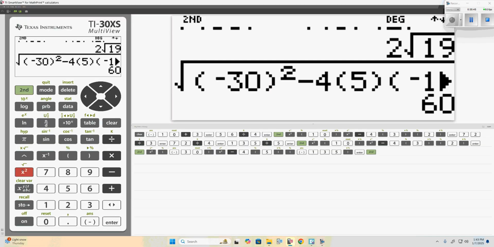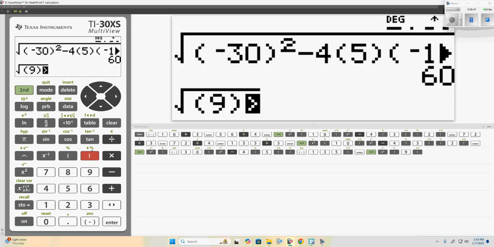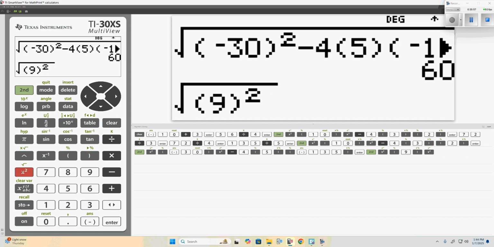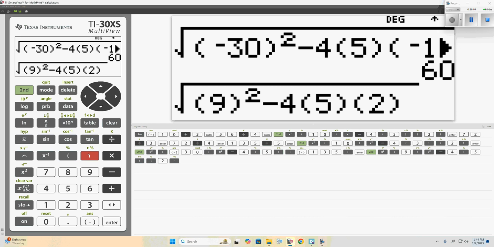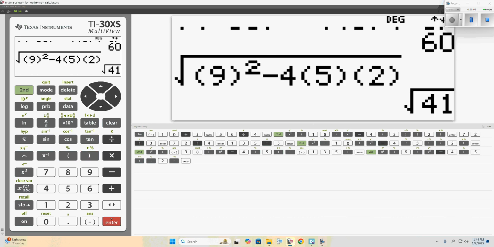We say second square root. We're on the very back. Tried to look at the note sheet I had. 9 squared minus 4 times a times c. And as long as we get a number that doesn't have a radical from this as kind of the final solution, it means it factors.